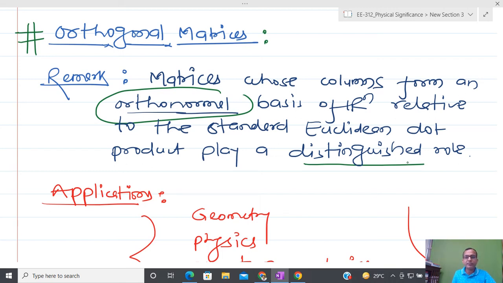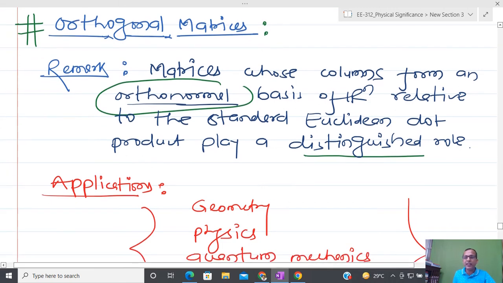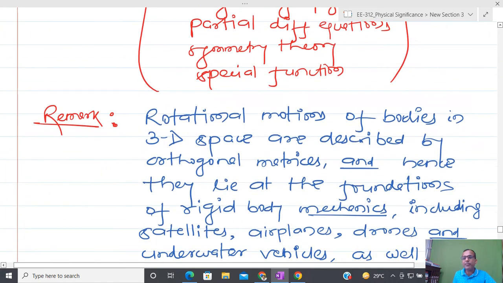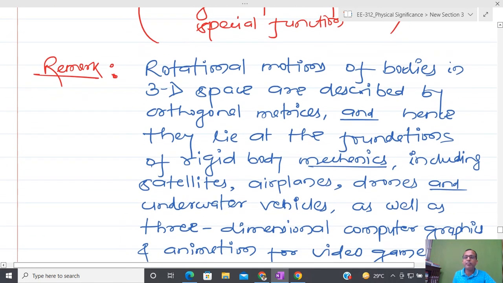Now, if you see the applications of orthogonal matrices, they have huge applications in geometry, physics, quantum mechanics, crystallography, partial differential equations, symmetry theory, and special functions. In today's lecture I am not going to talk about each and every application, but you can find these applications for orthogonal matrices.